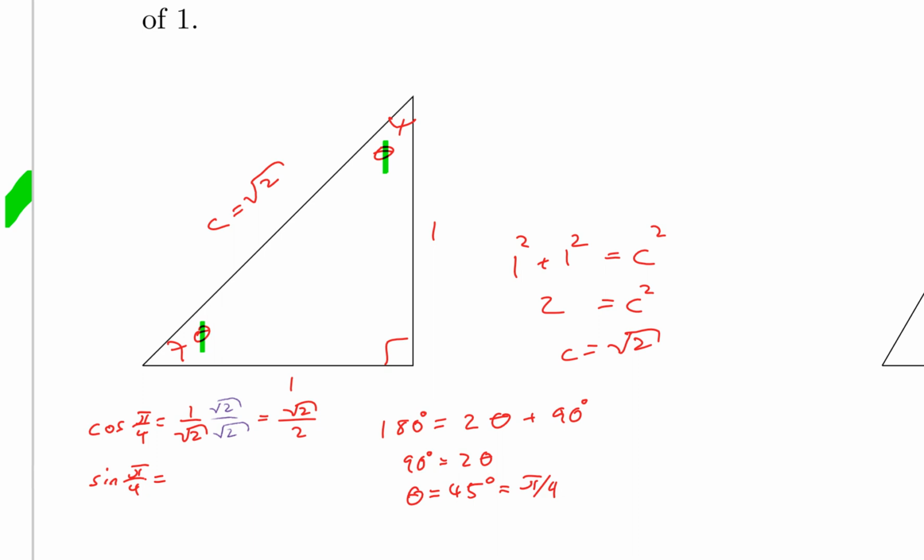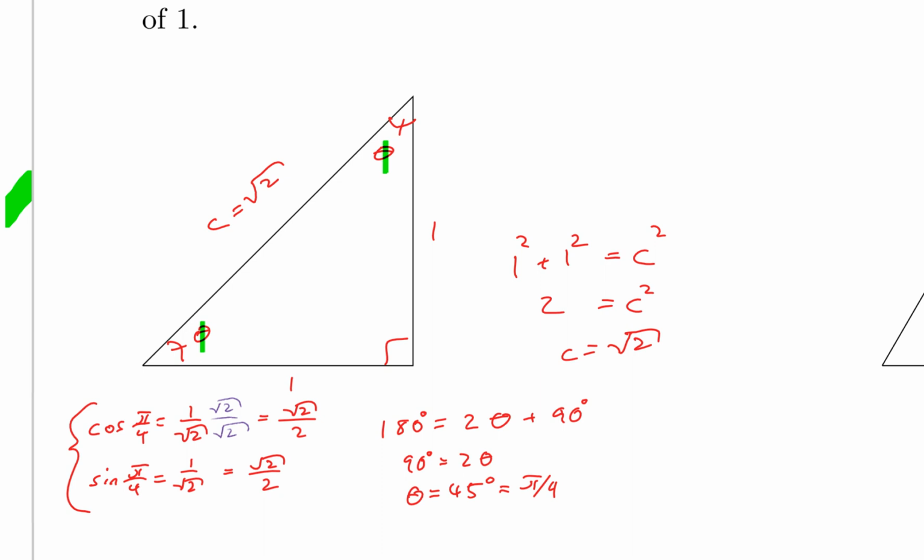Opposite is 1, just like the adjacent, so it's going to be over the square root of 2, which, as we already saw, will end up being the square root of 2 over 2. Okay, cool. These can become very important down below, so keep these in mind. Put a pin in it for now.